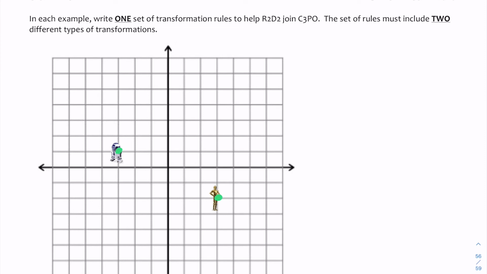The set of rules must include two different types of transformations. So you might want to translate, or rotate, maybe rotate and translate.